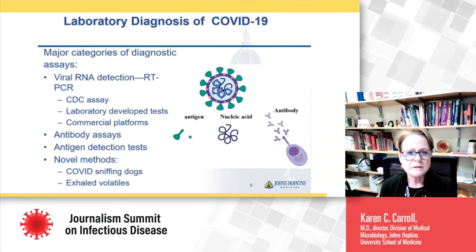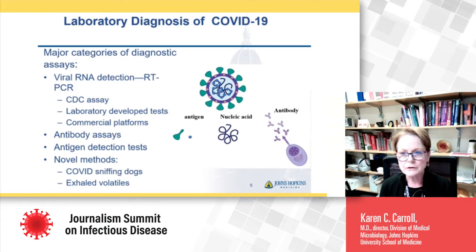So this slide represents the major categories of diagnostic assays. The first assays to be developed detected genes on viral RNA. The first test to get emergency use authorization through the FDA was the Centers for Disease Control assay.